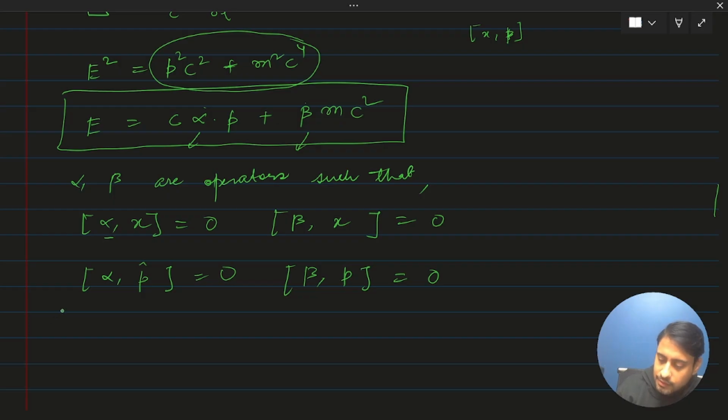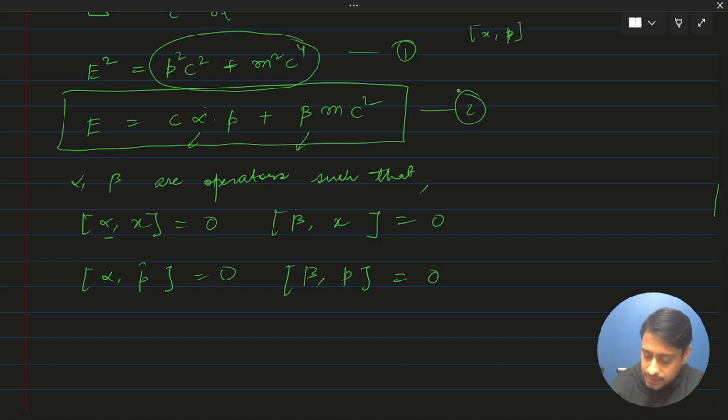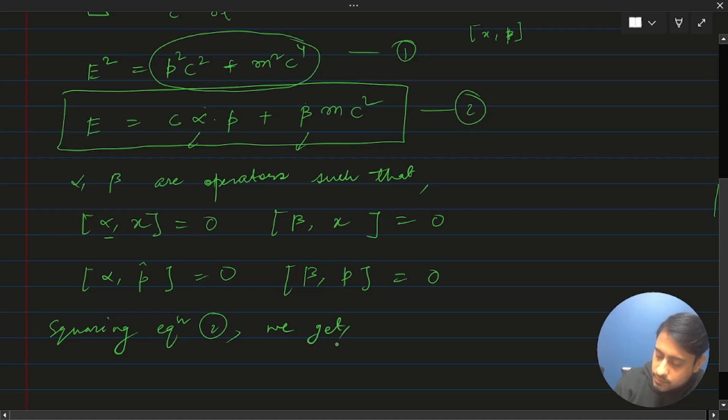So let's take this as equation number 1 and this as equation number 2, and now square equation number 2 on both sides. On the left hand side we will obviously get E squared.